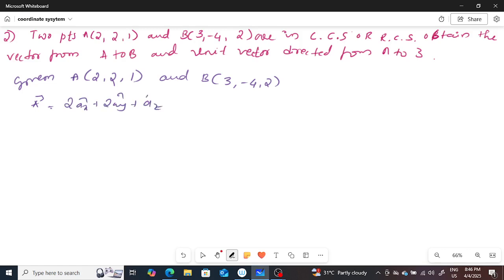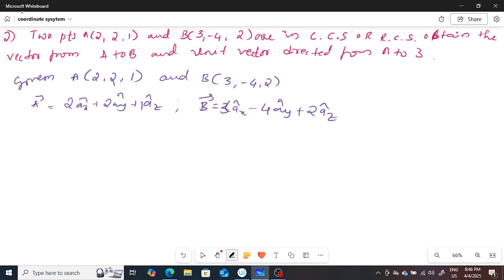I can directly write az because 1 is multiplied here and you can skip it, but I'll write it for your clarity. The B vector is 3ax minus 4ay plus 2az. Hope you understand why it is minus now. This is the given.